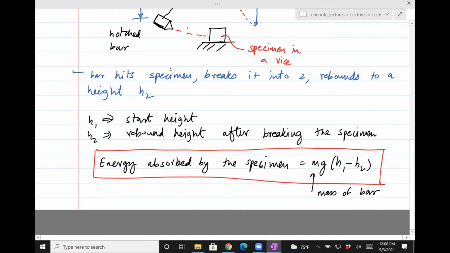Because as I said, the Izod and the Charpy are different in the way the specimen is held, and I'll draw a figure which will illustrate what the difference is. It's a very minor difference.